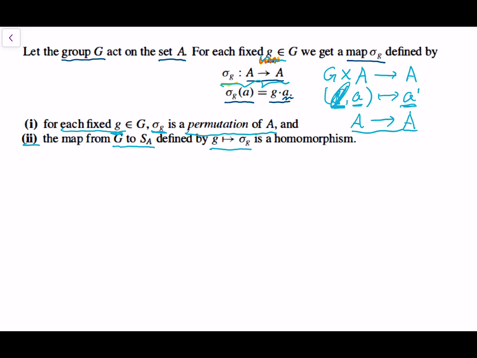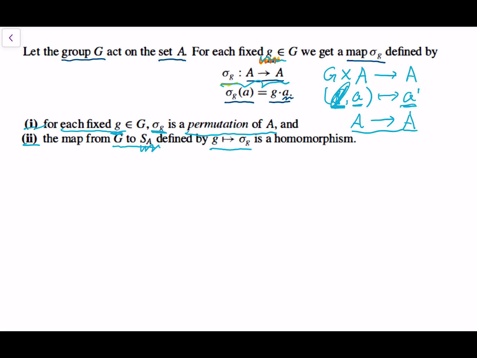Here, according to the first property, we can already prove that the map sigma g, which is a group action map, is a permutation of A. So this sigma g should be inside the symmetric group SA, because the symmetric group SA is the group of all permutations of the set A.